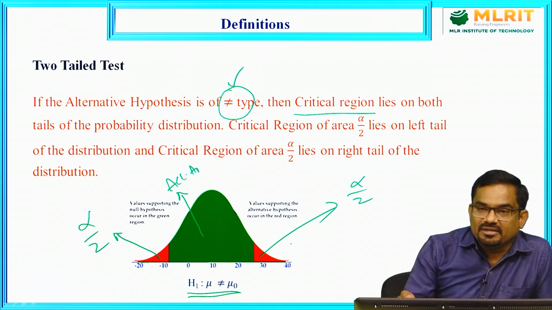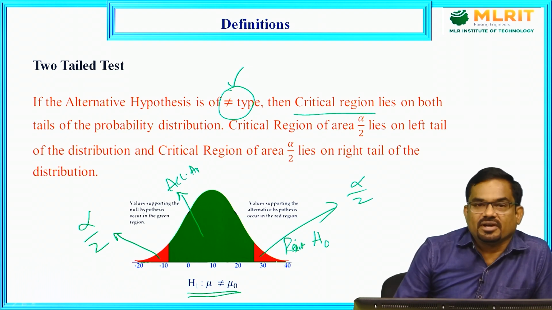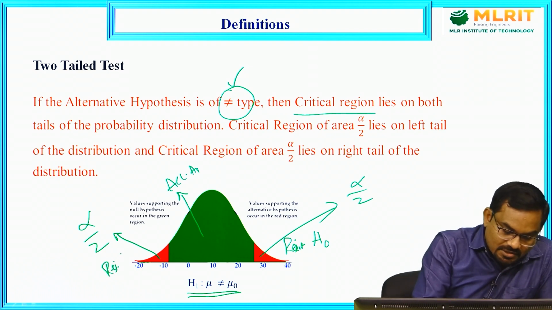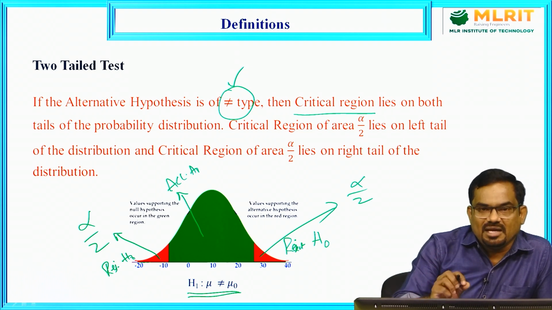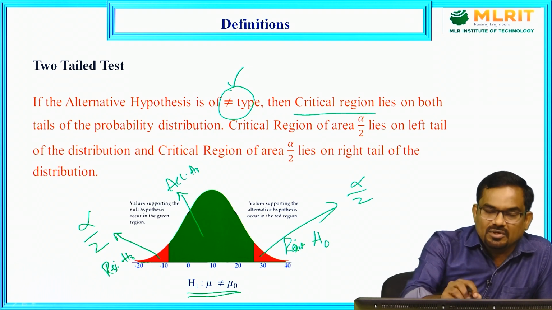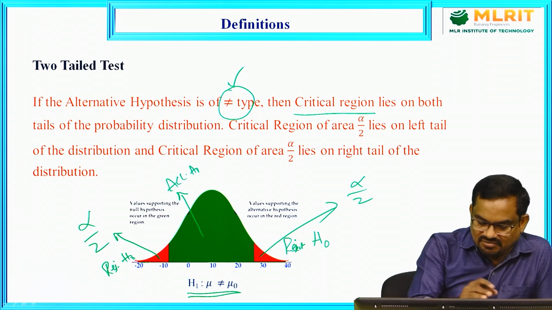In the red region, we are accepting the alternative hypothesis. What does it mean? If we are accepting the alternative hypothesis, that means we are rejecting H naught. So, reject H naught in this red color region. Similarly, here also reject H naught. So, the region in which we reject the null hypothesis is called the critical region, and in not equal to type problems, this critical region lies on both side tails of the distribution.